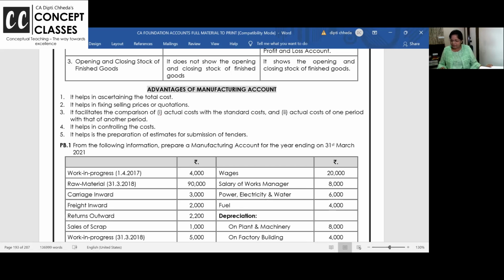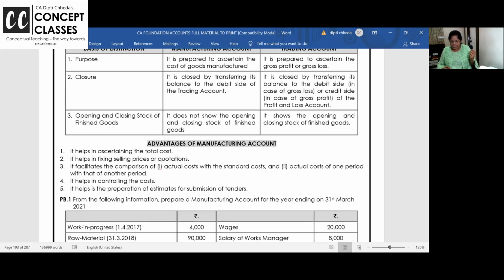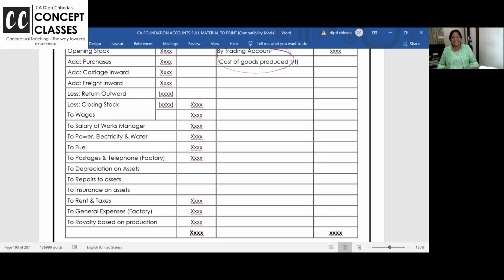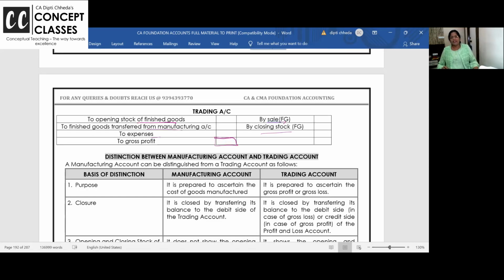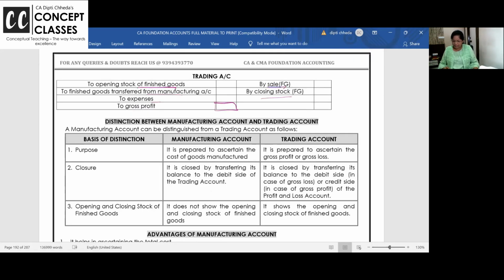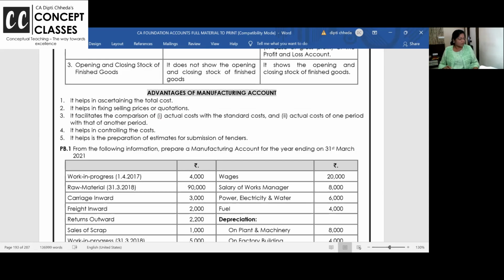It facilitates comparison of actual cost with another period. It helps in controlling the cost, because all core manufacturing related expenses and income you will take. Trading related expenses come here, and then administrative and selling expenses will come still below that in the P&L account.